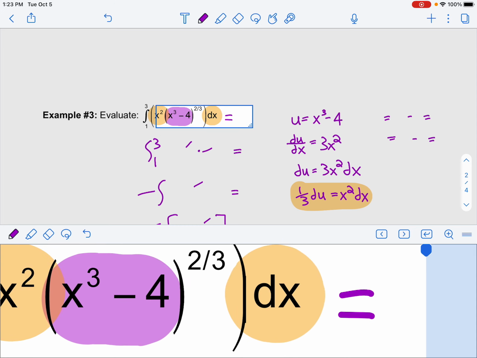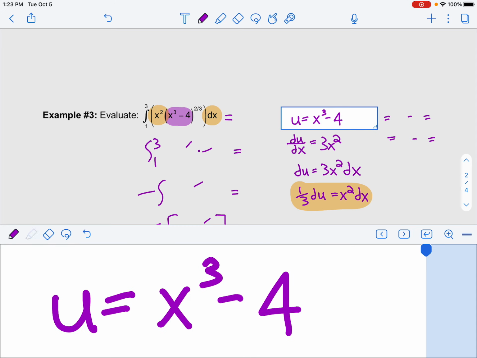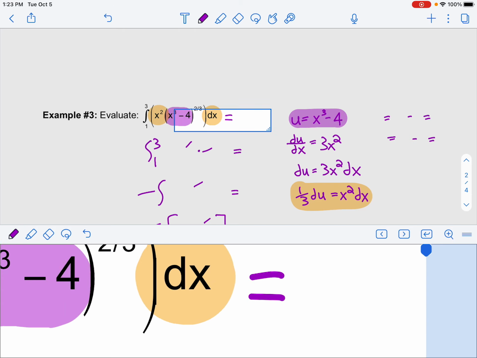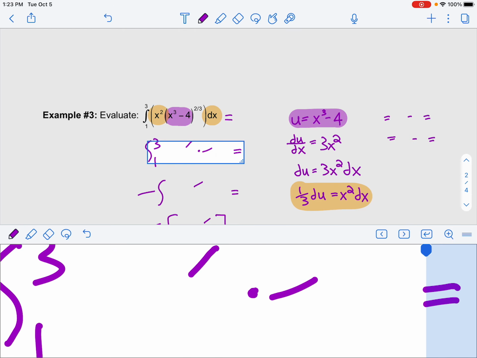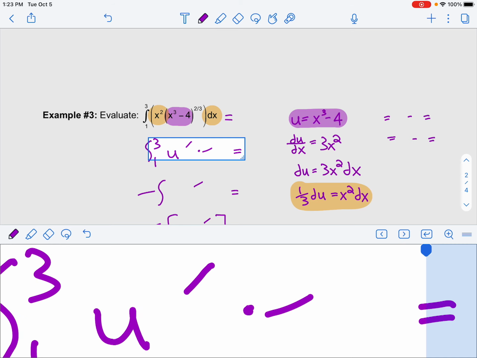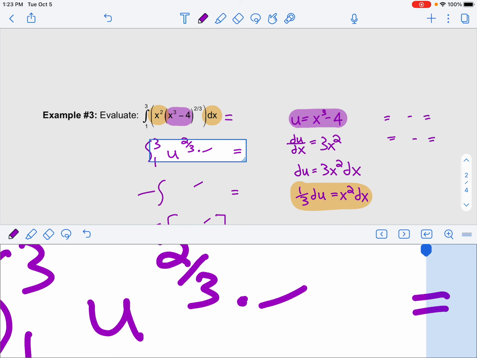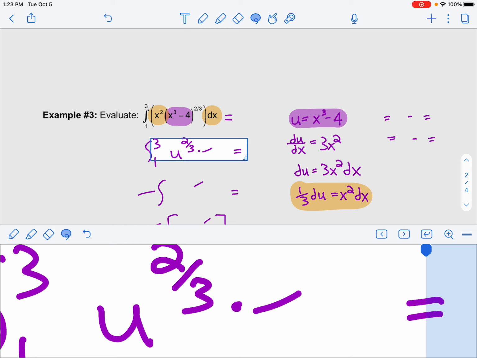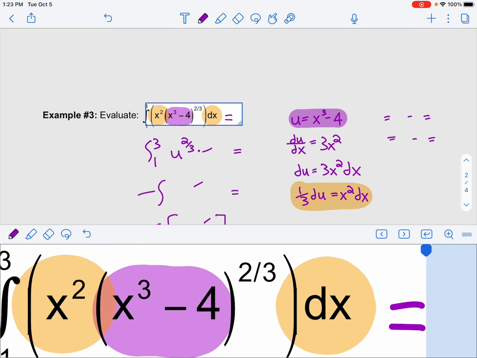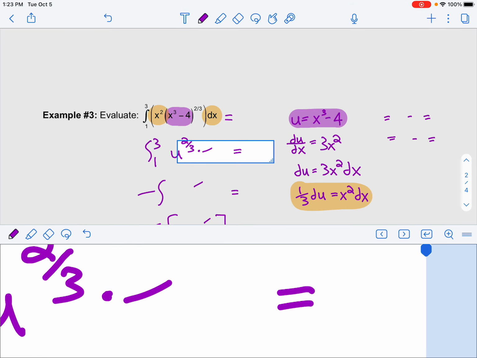X cubed minus 4 is what u is equal to. Whoops, forgot to highlight that. Okay, so I'll write u to the 2/3 power, so no issues with any of that so far. Okay, so u to the 2/3 power times, and then x squared dx gets substituted for 1/3 du.